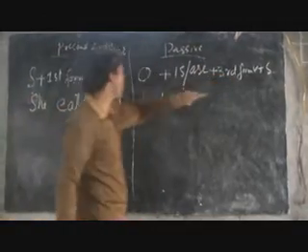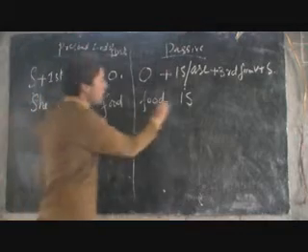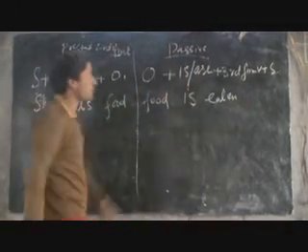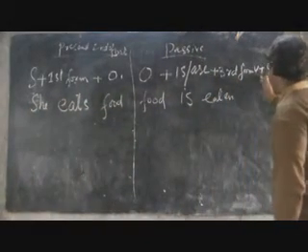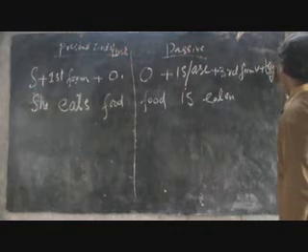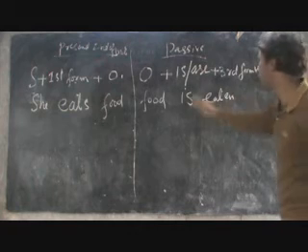So food is eaten. Then we always use, in the case of passivization, when there is the third form, we follow it by 'by', and then the subject. So the formula is: food is eaten by, and who eats food?